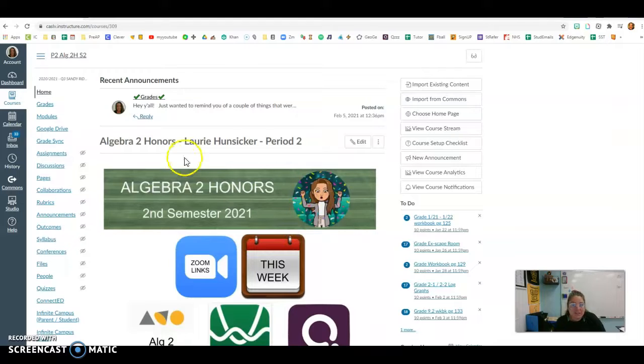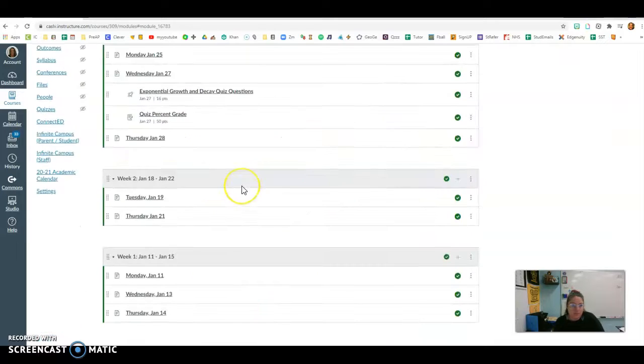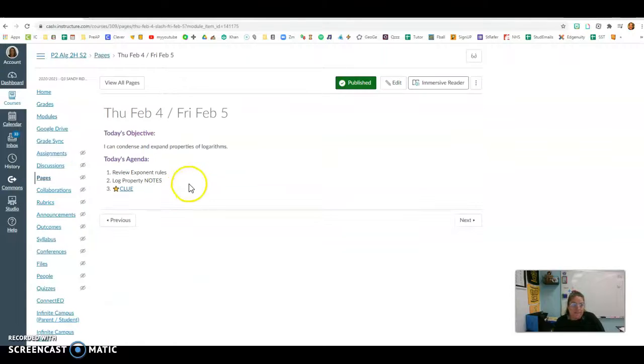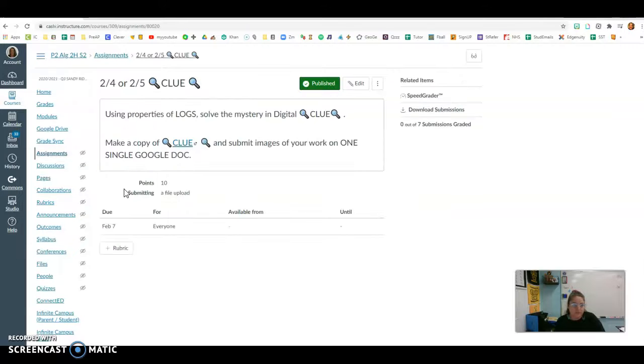All right, so here we are in modules, or on our home screen on Canvas. Let's go to modules or go to this week. Let's go to Thursday, Feb 4 and Friday, Feb 5, and we see our little star Clue. And here we go, we're going to go play Clue.